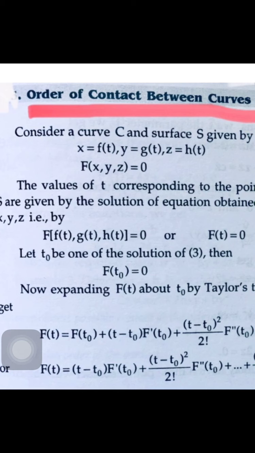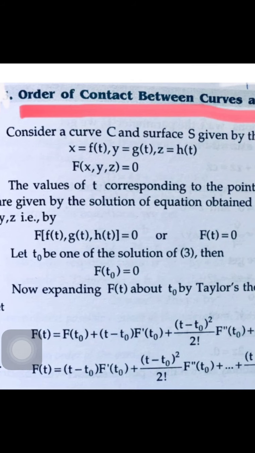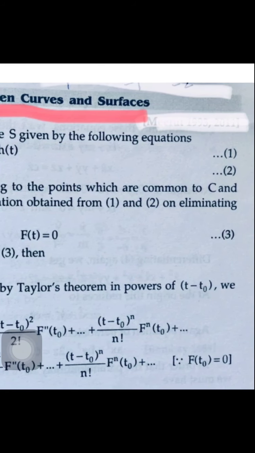So using F(t) equals 0, we expand it using Taylor's theorem in power series in terms of t minus t0, because it is tending to the t0 point.